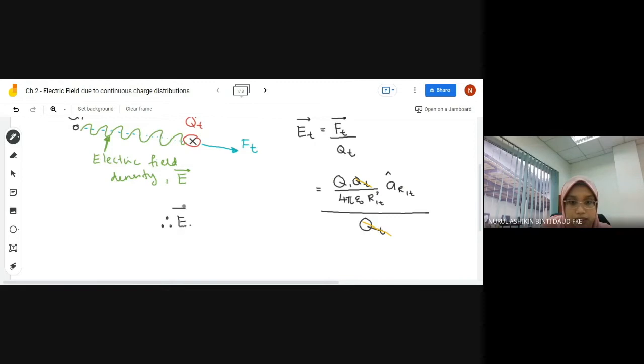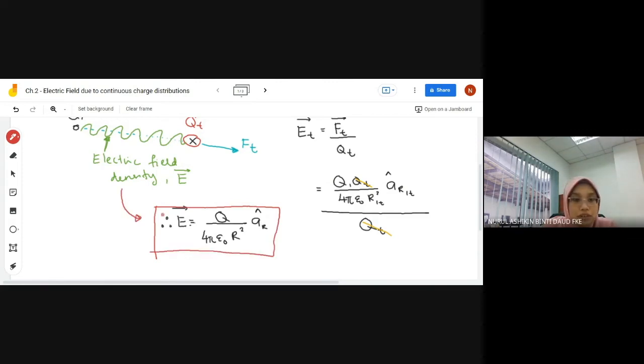E. Let's make it formal: instead of Et, I formalize it as E. E is equal to Q over 4 pi epsilon naught R squared, where R is the distance between the two objects, times the unit vector R hat. So this is the formula that defines the electric field density.